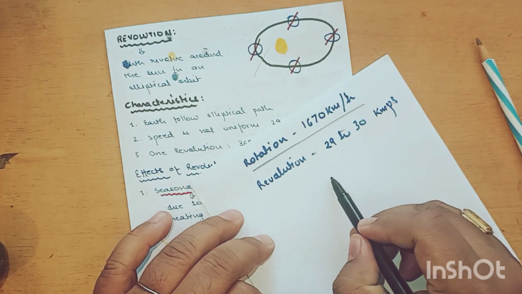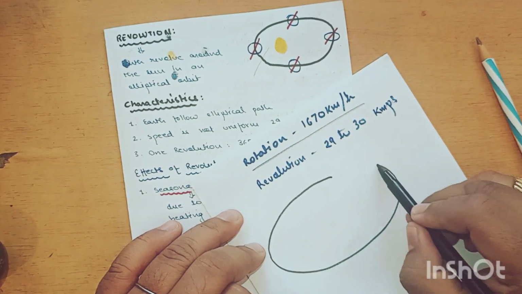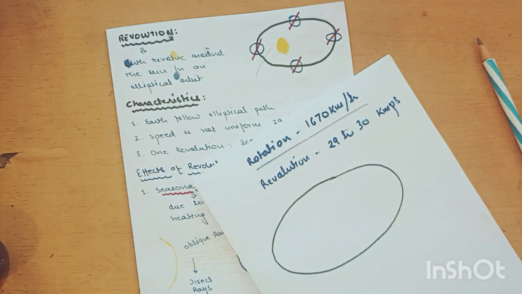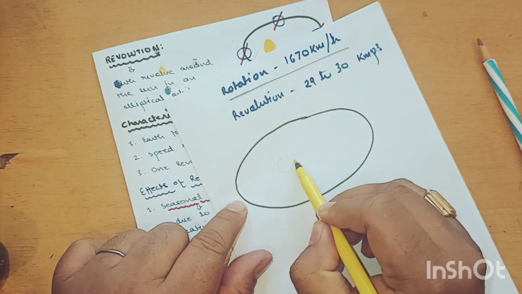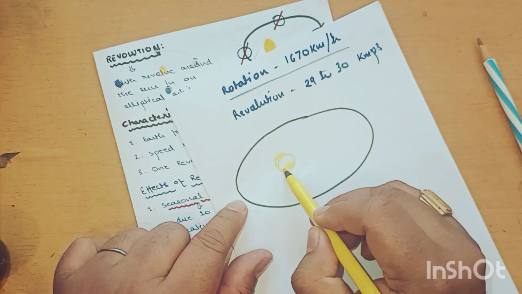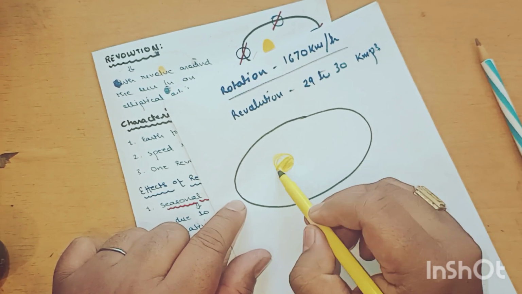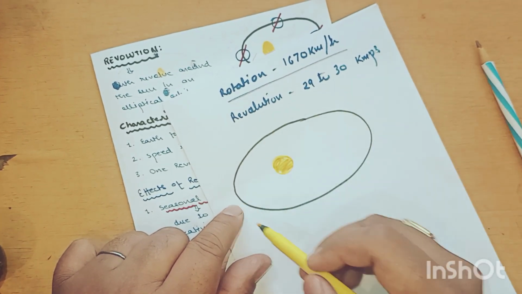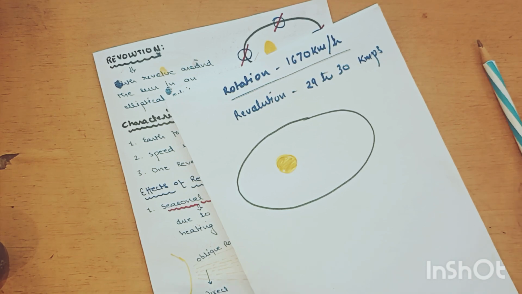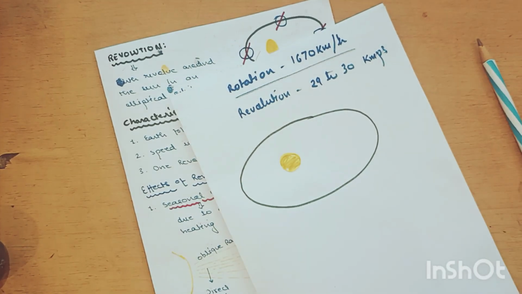What does it mean? Now understand. This is your sun, and this is the path around which the earth is revolving.